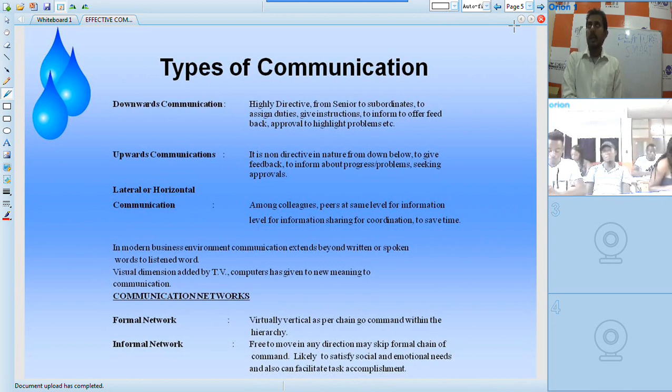Any message provided in an organization must be provided by the director, the CEO or the managing director of the company, and it comes to you through different levels. It follows the hierarchy of the company. It does not come to you directly from the management. That communication is known as the formal network of communication.